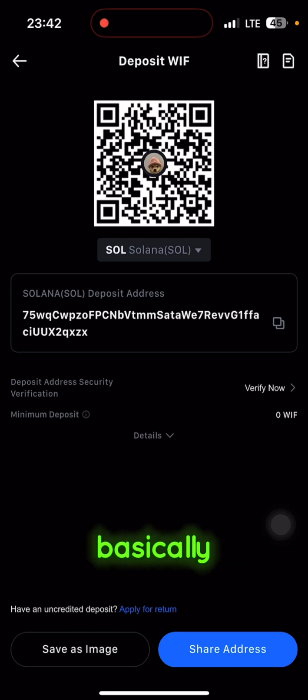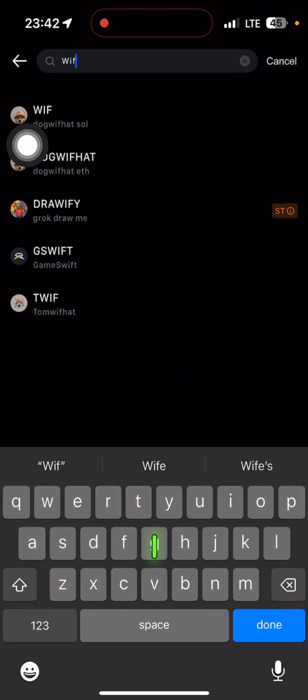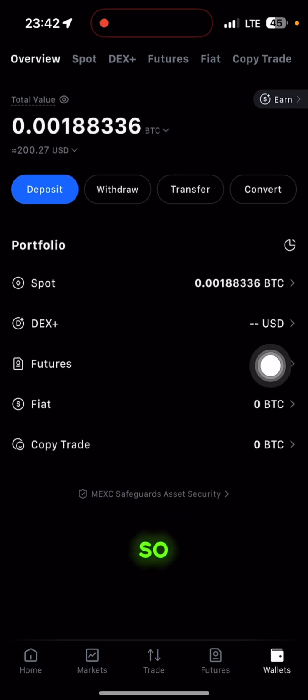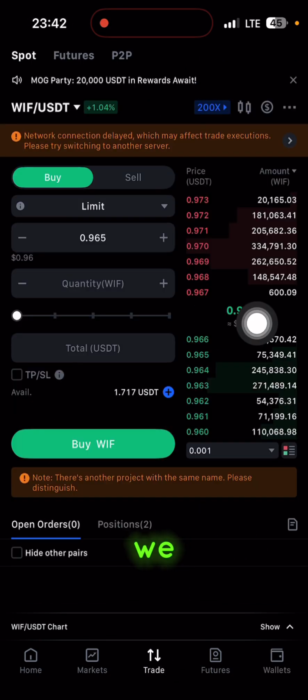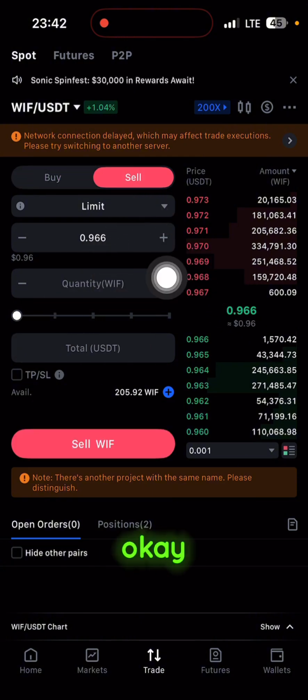Okay, so basically after a couple of minutes, the WIF is now available on MEXC, so we should be able to sell it off. That way we will get to retain the profits. Okay, so I'm going to set in a limit order to sell.